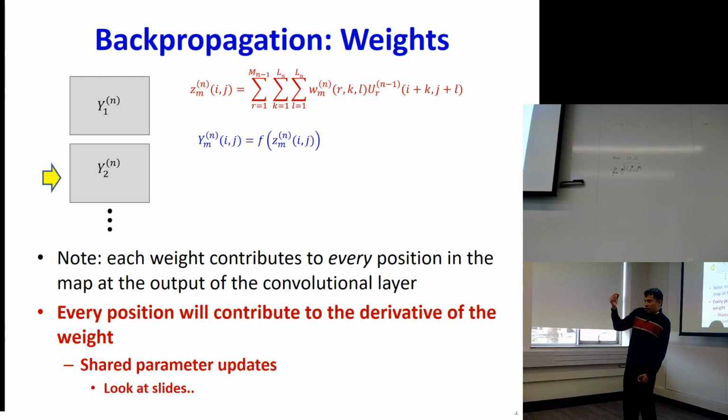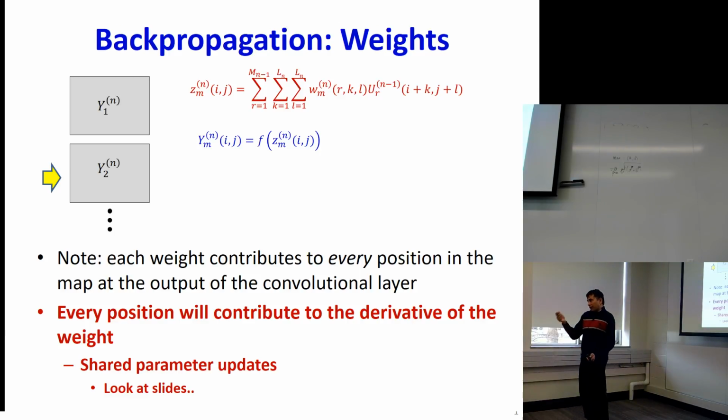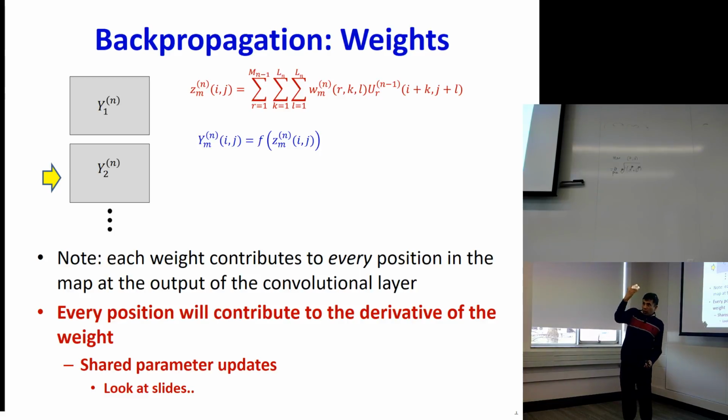So every pixel value has contributions from every weight. This is standard, right? The output of any perceptron is basically going to have contributions from all of the weights going into the perceptron. That's basically just restating it, except now things are shared.